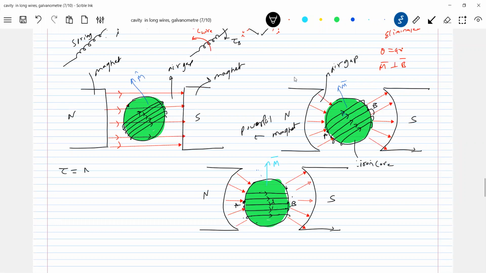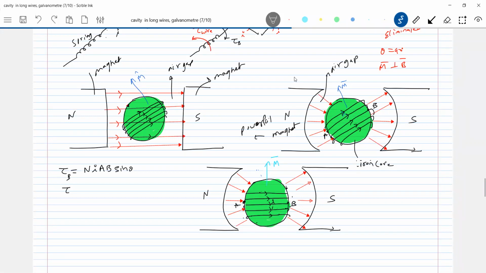Torque due to dipole moment is N I A B sine theta. What is B? B produced by the bar magnets. This is the torque due to dipole moment. What is N? N is the number of turns, I is the current, A is the area of cross section, and B is what? B bar produced by the magnet. Theta is what? The angle between M bar and B bar.